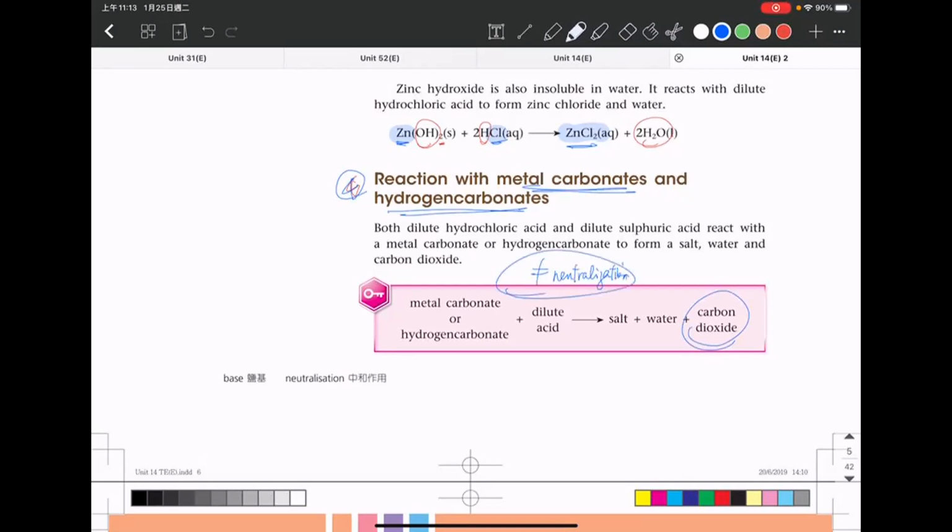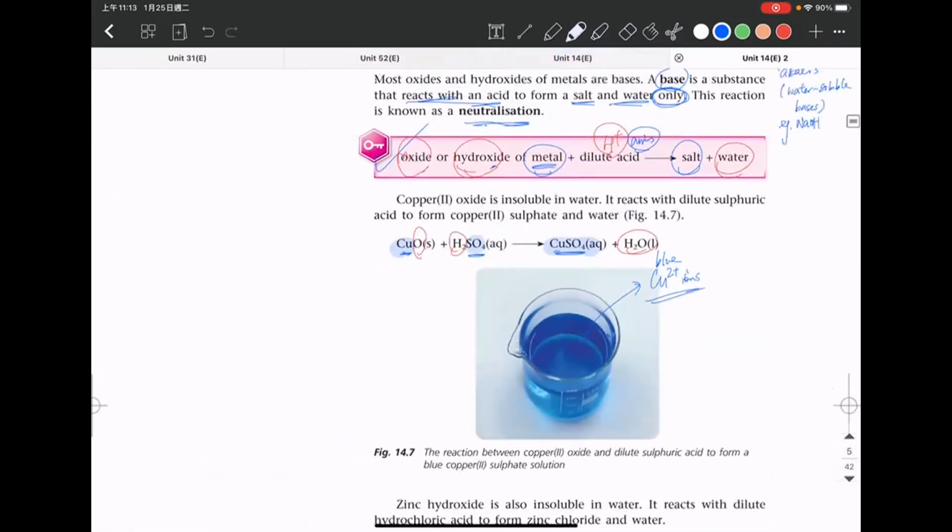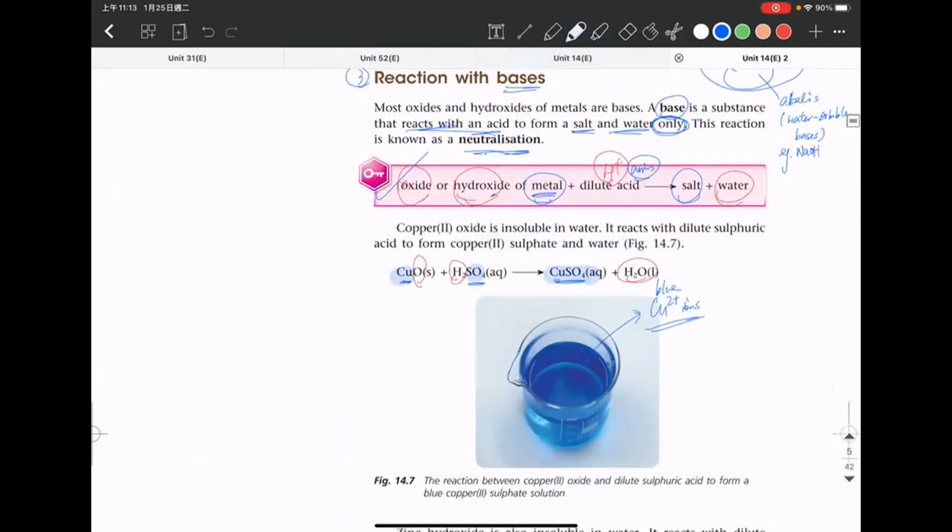Maybe you tried the experiment in primary school, having baking soda react with vinegar, right? That is not neutralization. Why? Because besides salt and water, I also have carbon dioxide. Can you see that? In neutralization, it's just salt and water.